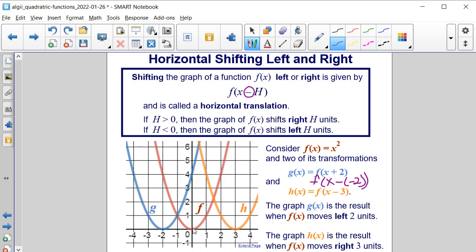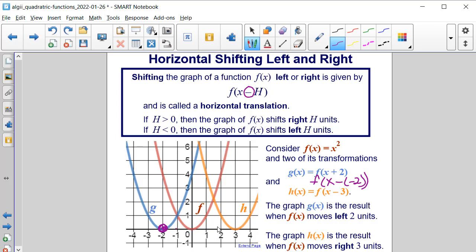Notice how g shifted to the left 2 units. It's because that minus a negative, which makes a plus sign here, is why it shifts to the left 2. And then for h of x, we have f of x minus 3.